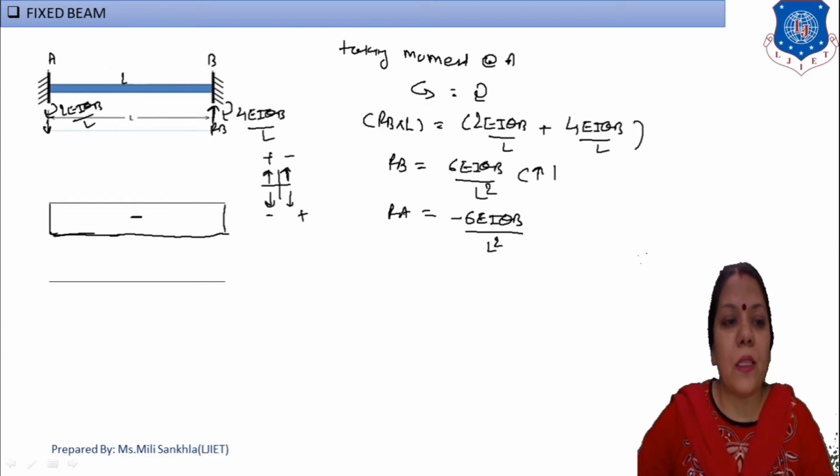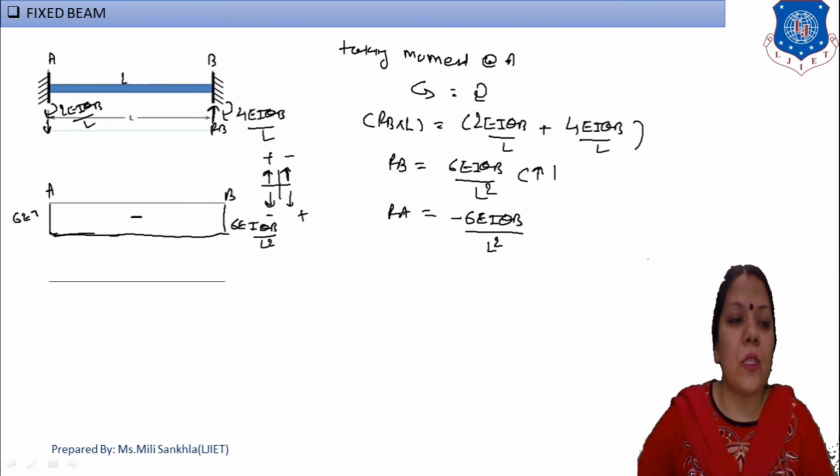This is our reference point A, this is our reference point B, and the value here is also 6EI theta B by L square. And this is our SFD diagram.